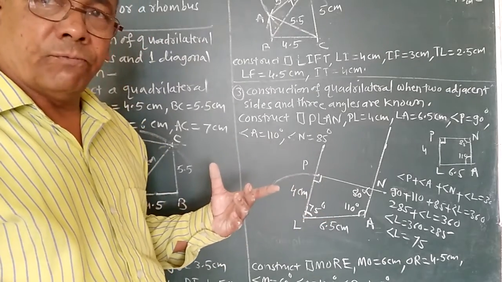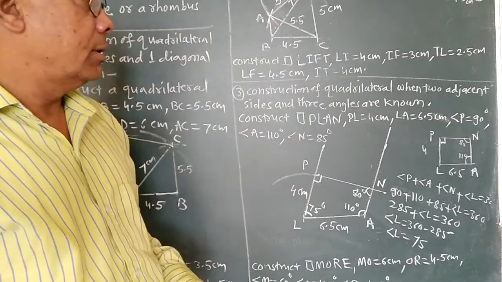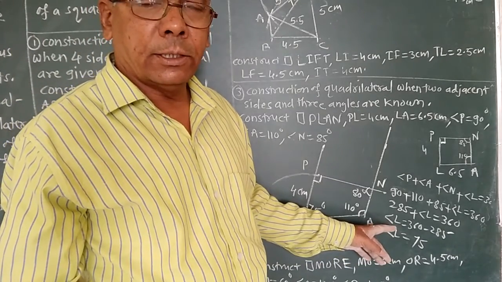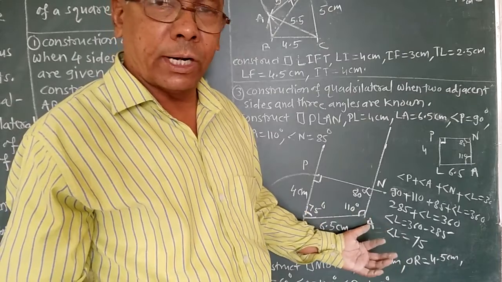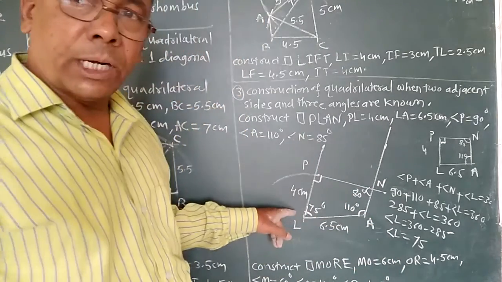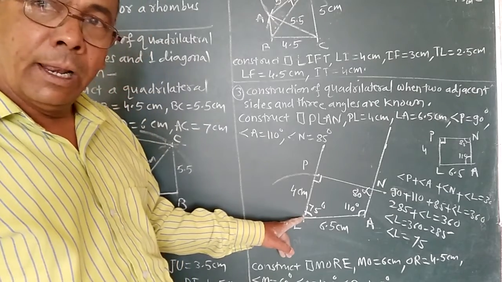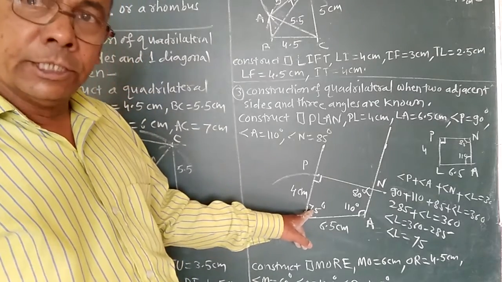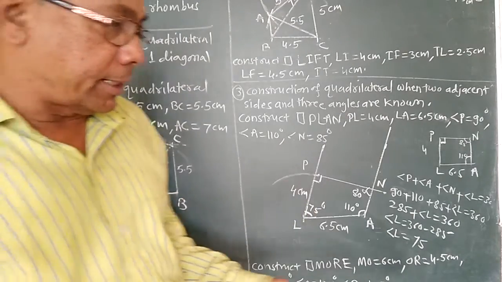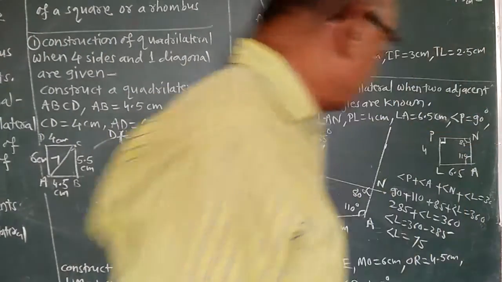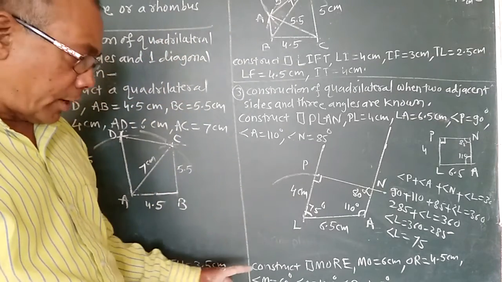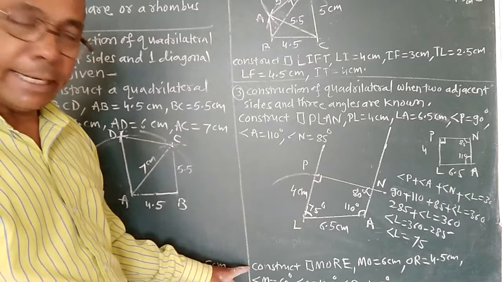So given this, we can apply the angle sum property of a quadrilateral, and then we can get the fourth angle which was not given to us, and we have found that its measure is 75 degree. In this way, we have constructed the three types of quadrilateral, and now you have one question for practice.